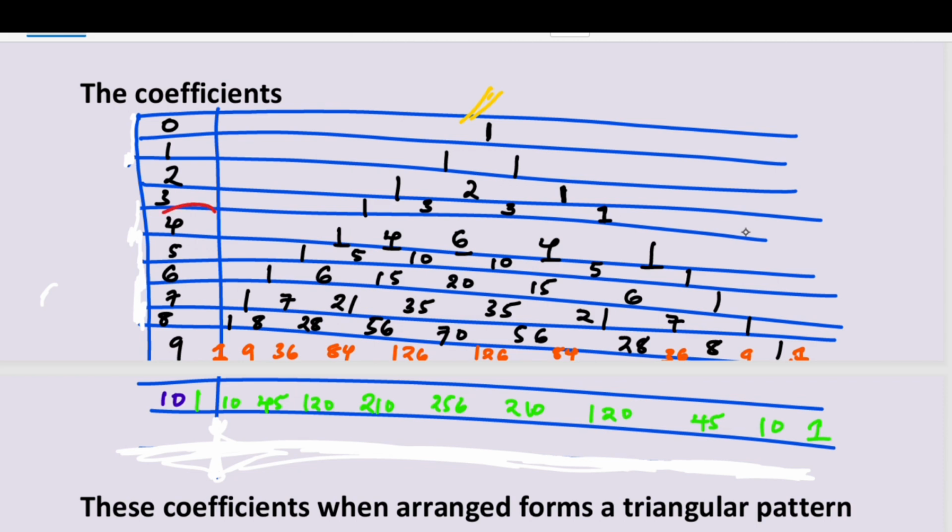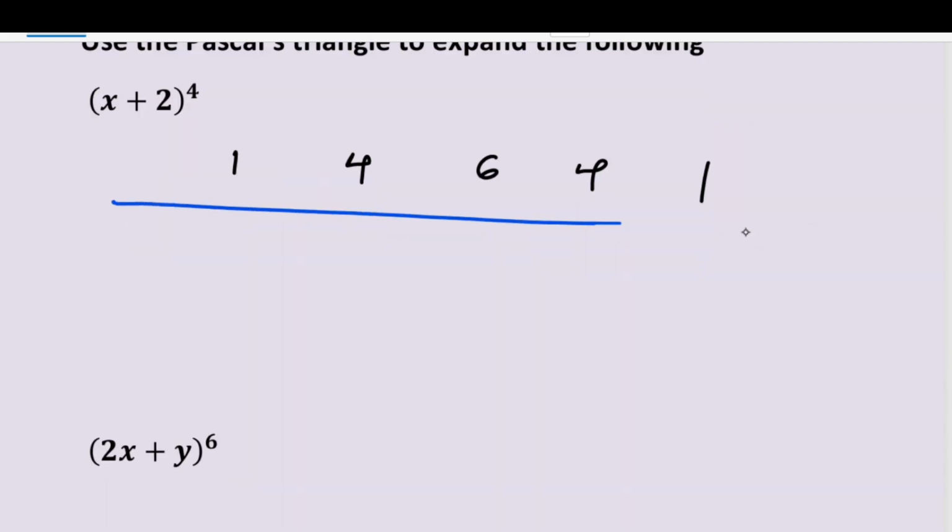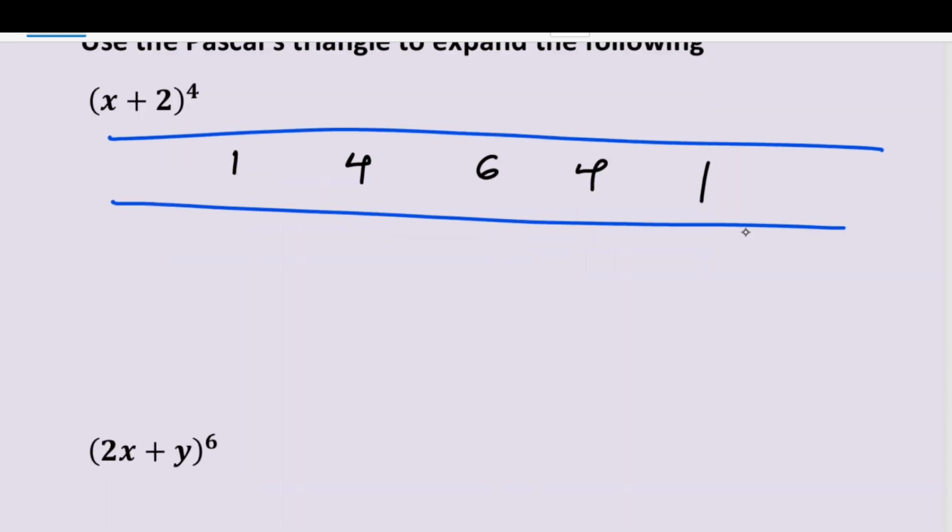The power 4 is here, and these are the coefficients starting from 1, 4, 6, 4, 1. I hope you have understood how we are getting them from the table. We draw a table like this for the coefficients.